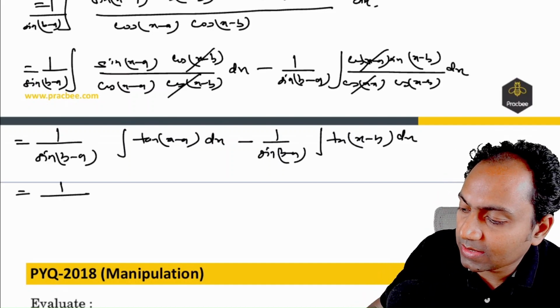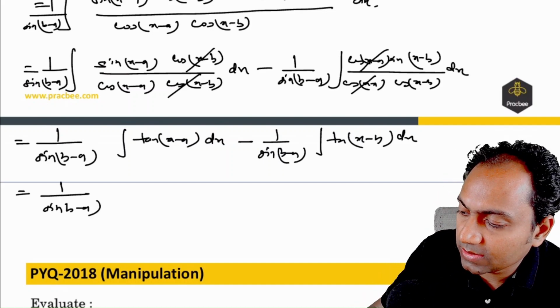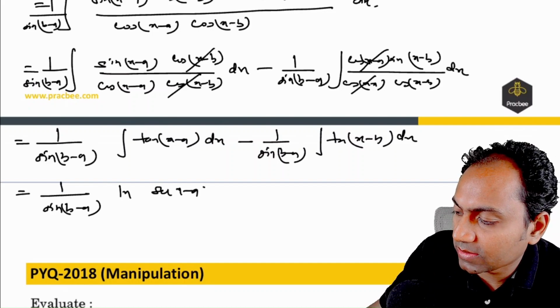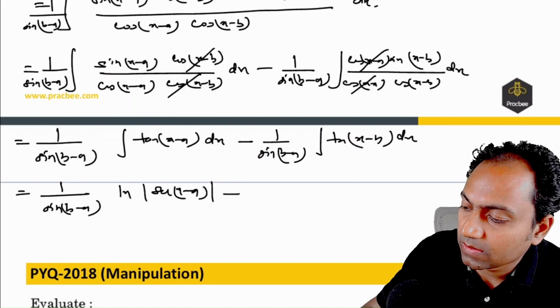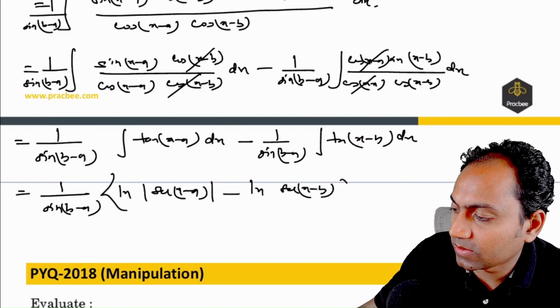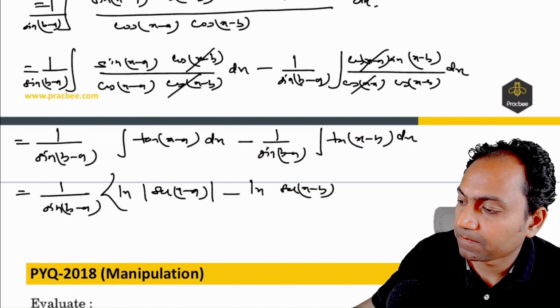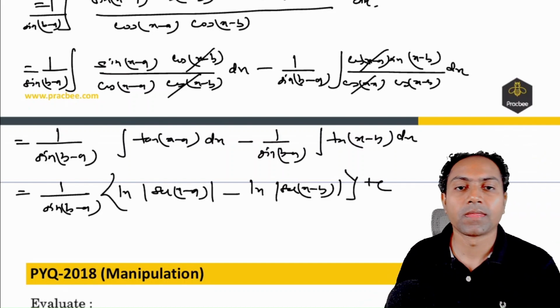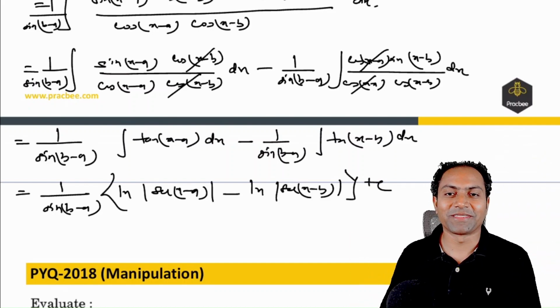First part, we can take the sine of b minus a as common. This becomes ln of sec x minus a. This also becomes sec x minus b. Plus c. We can simplify further to get an answer.